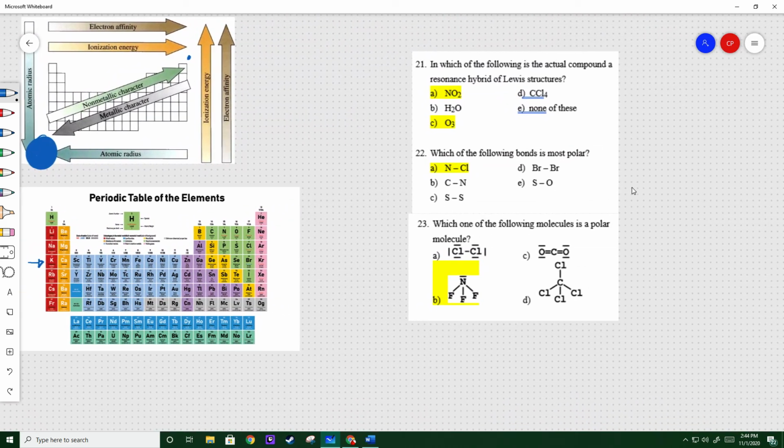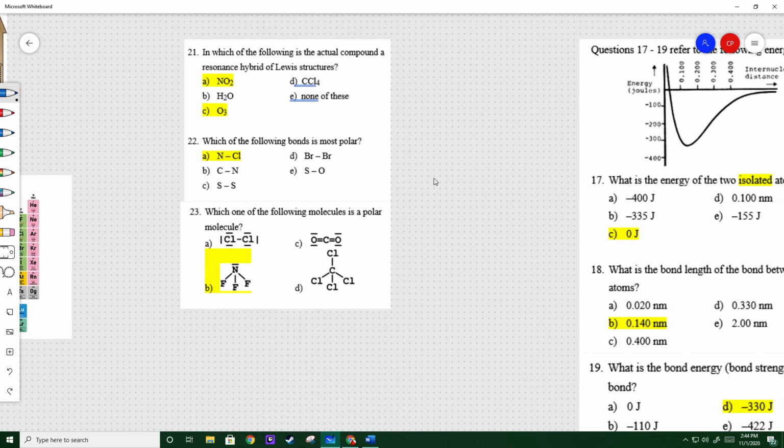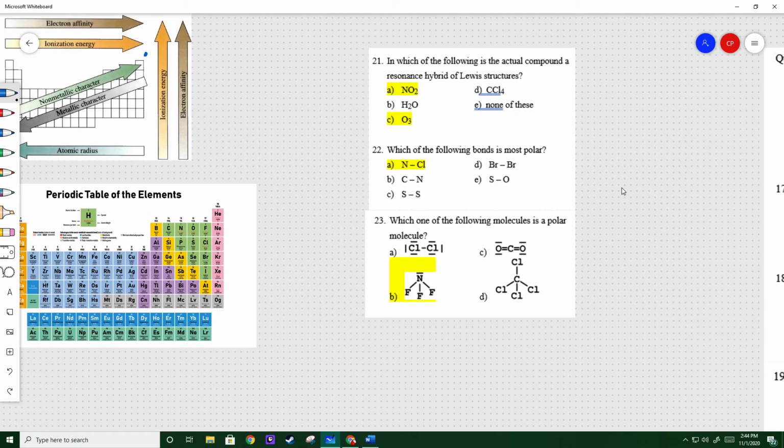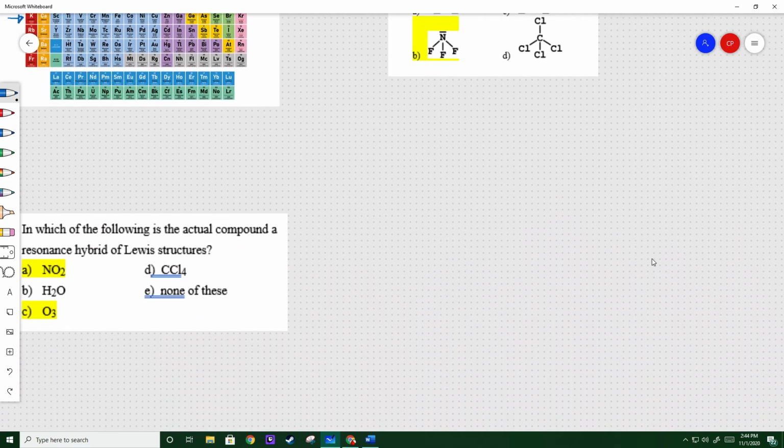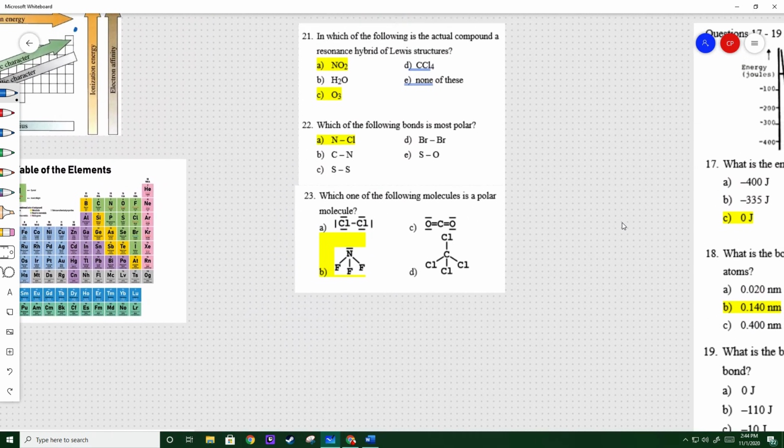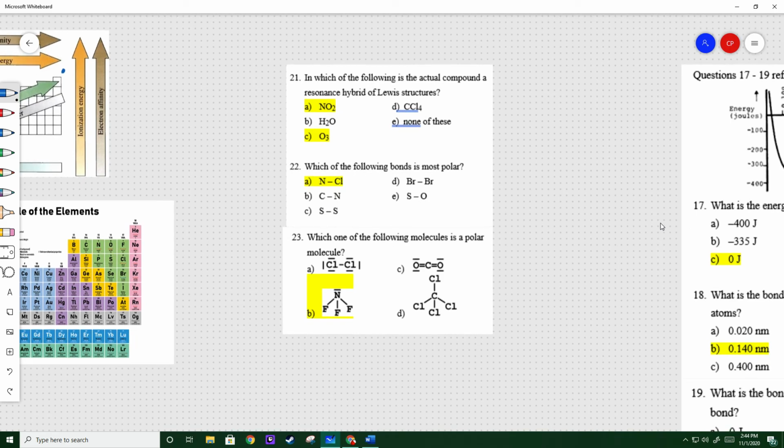Okay, I wanted to go over here because somebody had questions about resonance and polarity. Actually, I wonder if I'm going to cover the resonance. You can ignore this resonance for now.